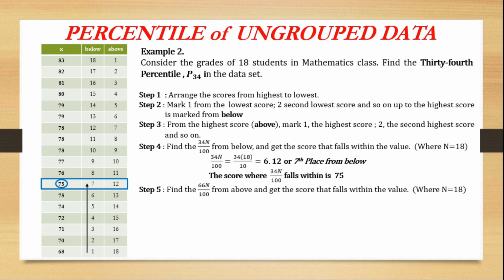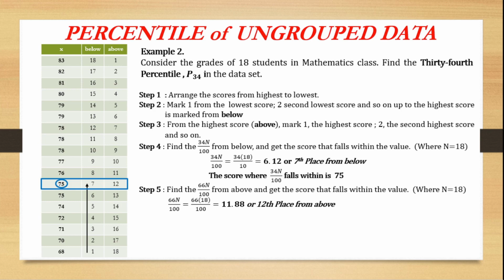That is why in step 5, we are now using 66n divided by 100 from above and get the score that falls within the value where n is equal to 18. Substituting the value of n, which is 18, to our 66n divided by 100, that is equal to 66 times 18 divided by 100 is equal to 11.88.